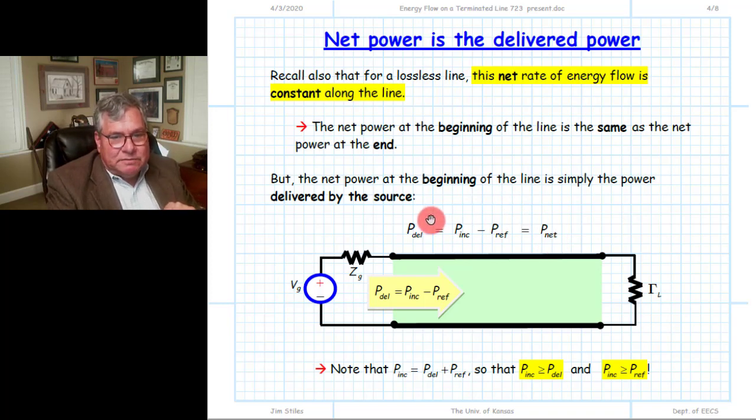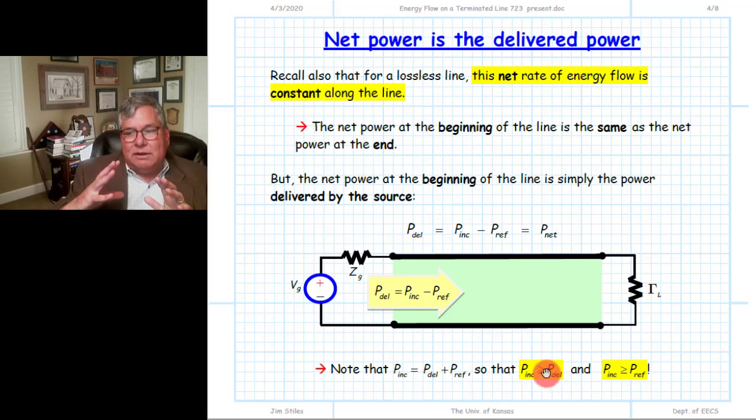But now, because of this boundary condition, this conservation of energy, we notice that the incident power is likewise going to be greater than or equal to the power delivered from the source. That's a very important statement, and one that you need to think about, because a lot of students will get this wrong.